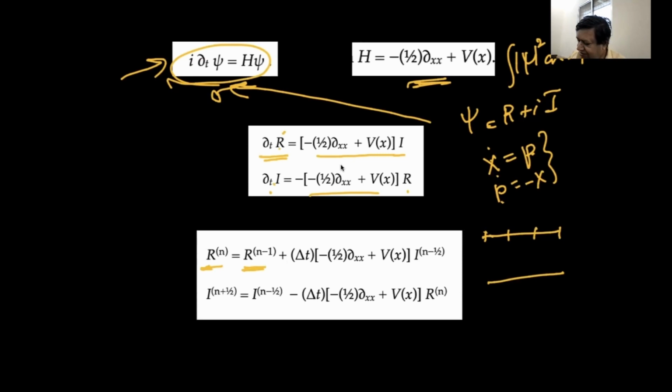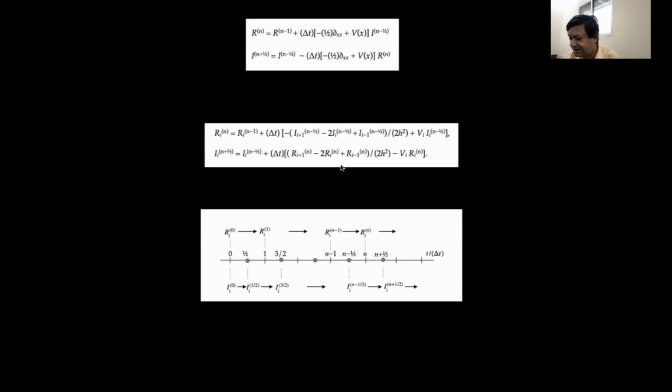R goes from n minus 1 to n plus 1 using I at the intermediate point, and I goes from n minus half to n plus half using Rn. So this is the slide, and you can see this is important. I go from R at n minus 1 to Rn using I at n minus half.